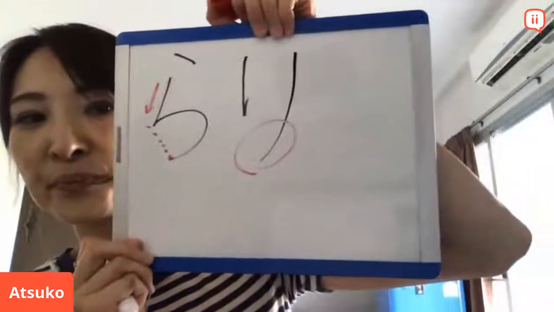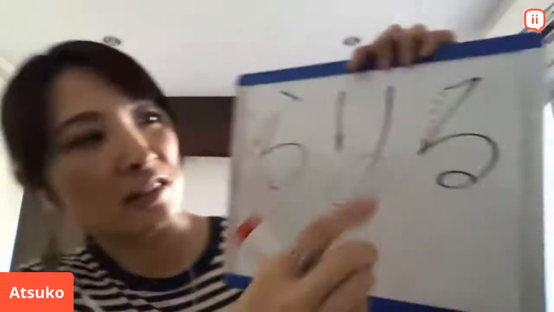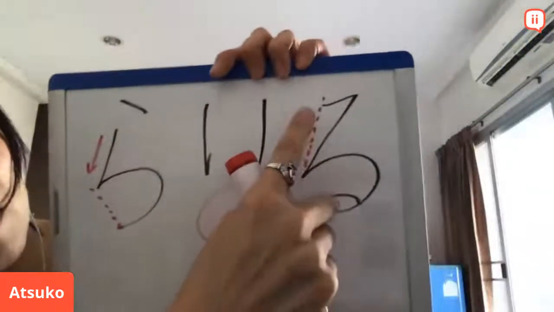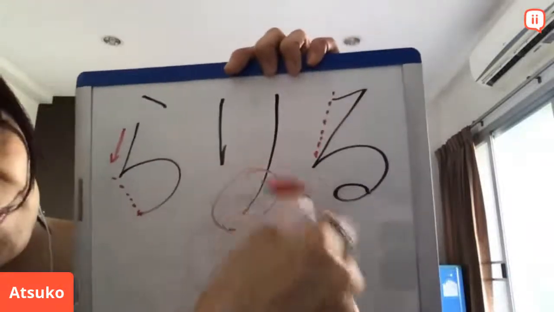No? ここはノンストップですね。ノンストップ。はい。ル has only one stroke. はい。Look, this point is left side of this point.